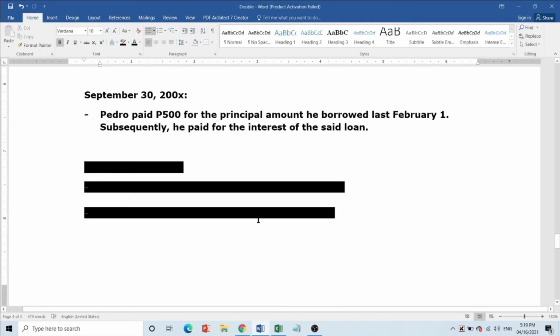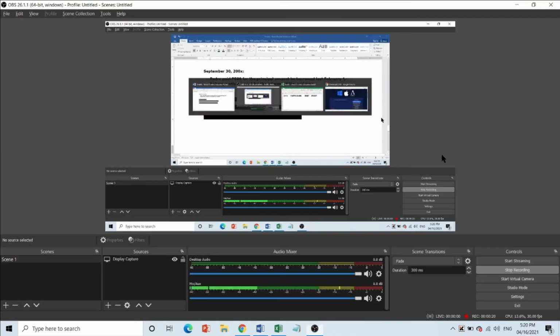Okay, so the next transaction was on September 30, 2000X. Pedro paid 500 pesos for the principal amount he borrowed last February 1. Subsequently, he paid for the interest of the said loan.